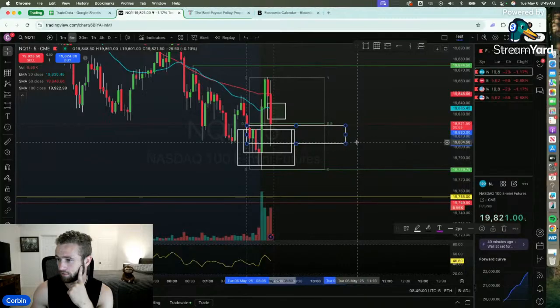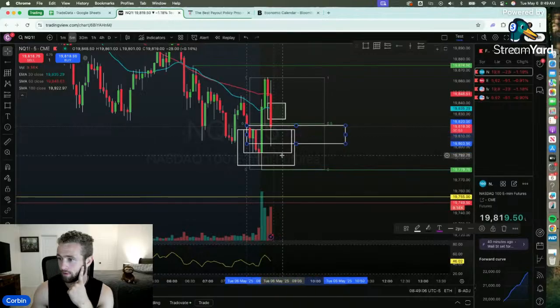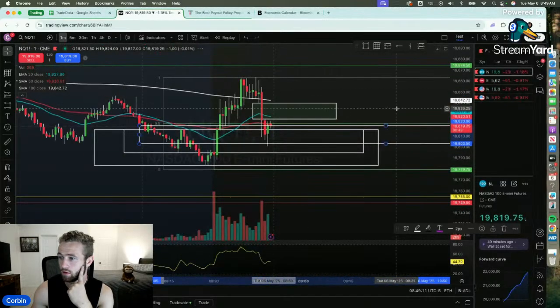See, testing the fair value gap right there. On the 5-day, 5-minute, we just don't want it to close below this. 1-day, 1-minute. We'll see if we end up filling that.